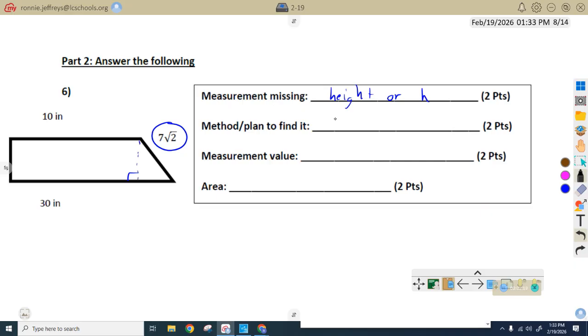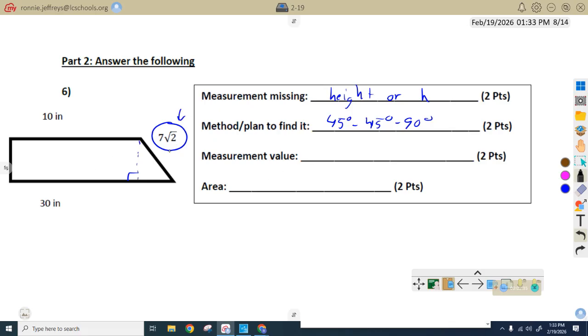Kenshin, what do you use for this one? So close. This is 45, 45, 90. And we know that because it says root 2.